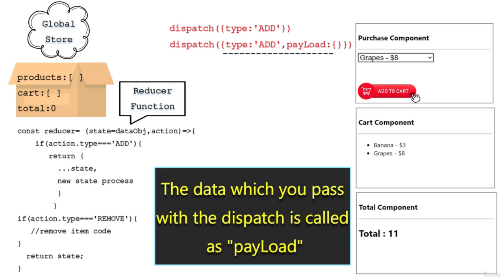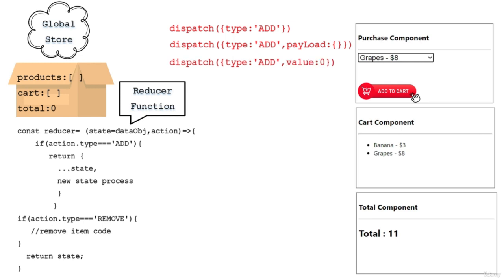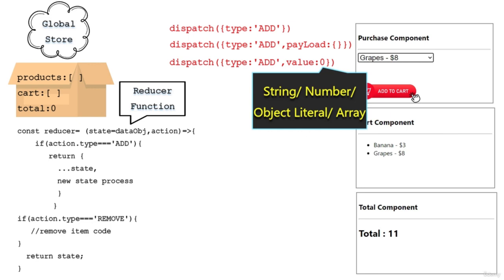Here in this example, there is an object literal. Let me show you one more example. Here I say dispatch type is equal to add, value: 0. That means the payload name I have given is value, and I'm not passing any object literal. I'm just passing a simple numeric value. So this can be a string, a number, an object literal, an array.